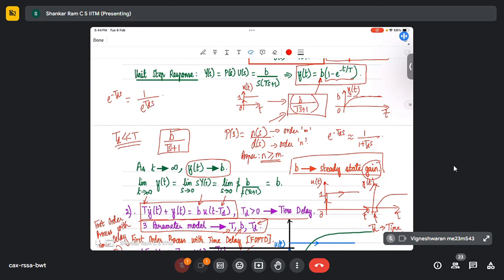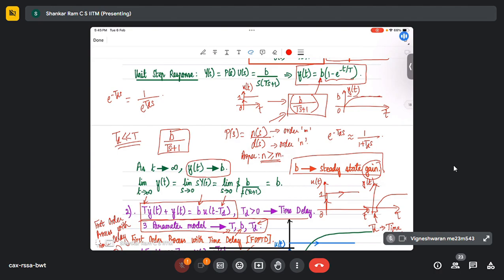So once again, what will happen is that you are going to have an infinite series expansion, right? So n goes to infinity. Question is, you need to make a call, right? So this is a mathematical operation. But the base function you and I have been given is e power minus TDS by (TS plus 1), right? That's what came from the physics, is it not? So that's why we are doing these approximations.